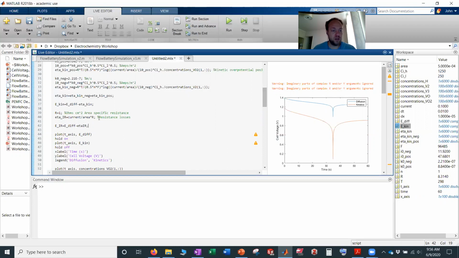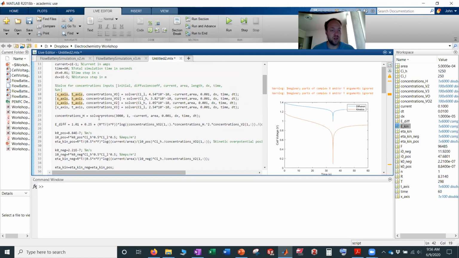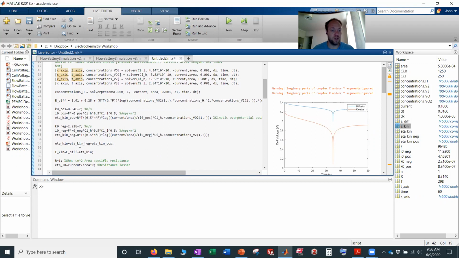And if we wanted to, instead of doing the whole diffusion, we could always start off with just the very first value of the diffusion, like the initial E diffusion of 1. This might be more insightful, and then you can really see just what is the contribution of each term.